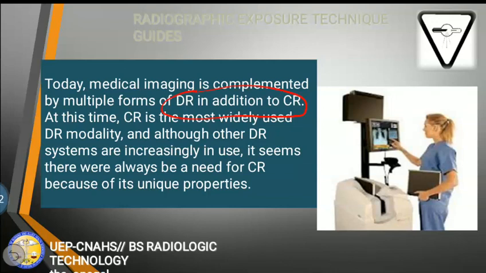CR, computed radiography, not comfort room. And DR, digital radiography, not delivery room. At this time, CR is the most widely used DR modality. And although other DR systems are increasingly in use, it seems there will always be a need for CR because of its unique properties.